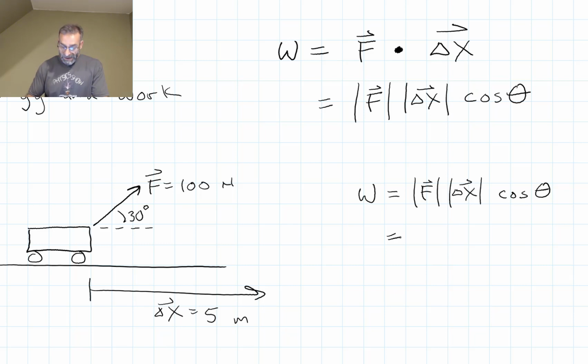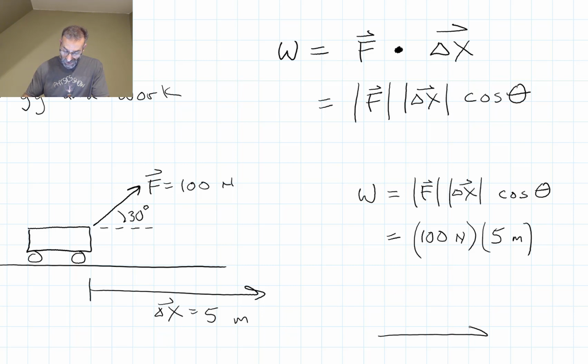So we want the magnitude of the force, that's 100 newtons. We want the magnitude of the displacement, that's 5 meters. And we want the cosine of the angle we get when we put their tails together. The displacement is to the right, the pulling force is at a 30-degree angle. So theta equals 30 degrees in this case.